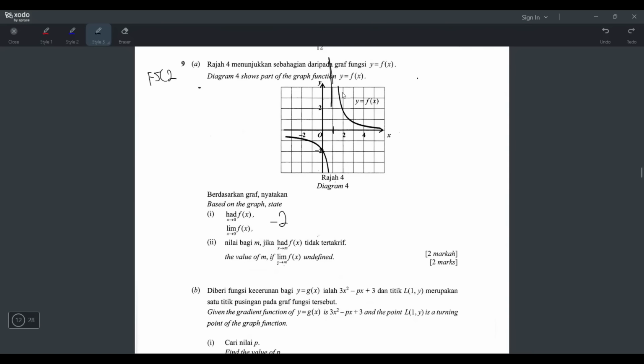It will keep getting closer and closer to this line, but it will never touch. So when x is 1, that's when it's undefined. But they say find m, right? So m is 1, because x approaching m. If your m is 1, that means your x will be 1 and that will give you undefined. Alright, that's the answer for A.